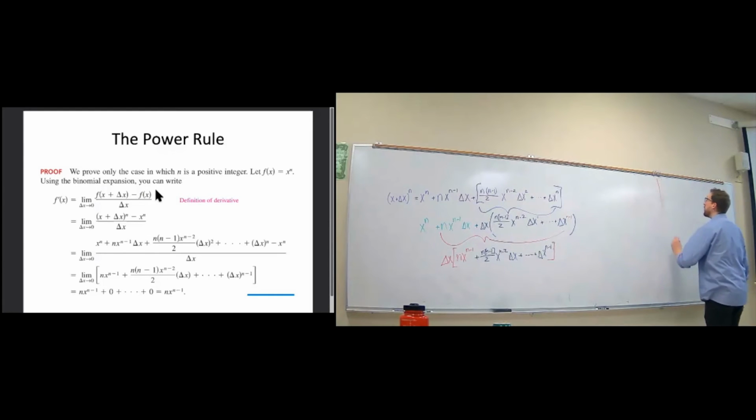Let me start writing this down. The derivative of a constant is equal to 0. C is constant. The derivative of x to the nth power is equal to n times x to the n minus 1.